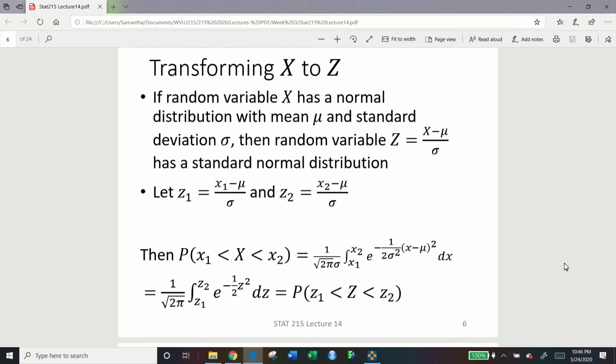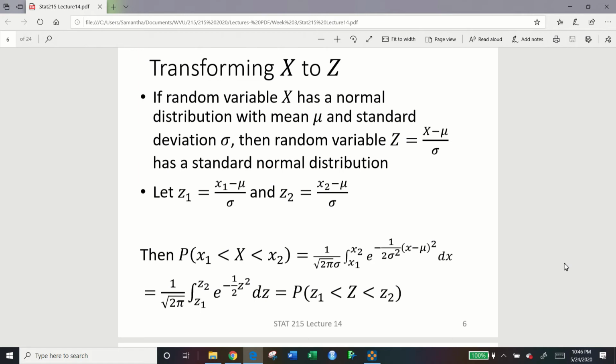Transforming our x to z: if you have a random variable x with a normal distribution with mean mu and standard deviation sigma, then the random variable z equal to x minus mu over sigma will have the standard normal distribution. So let us say we have z1 equal to x1 minus mu over sigma, and z2 equal to x2 minus mu over sigma.